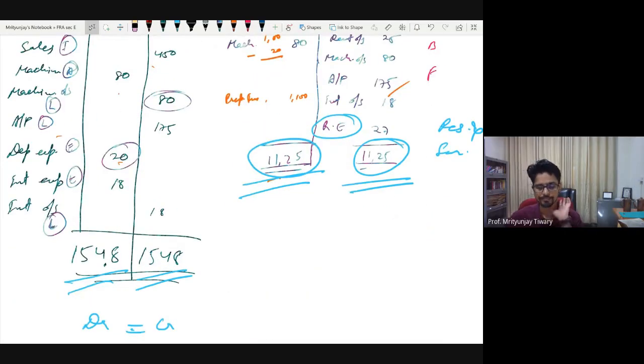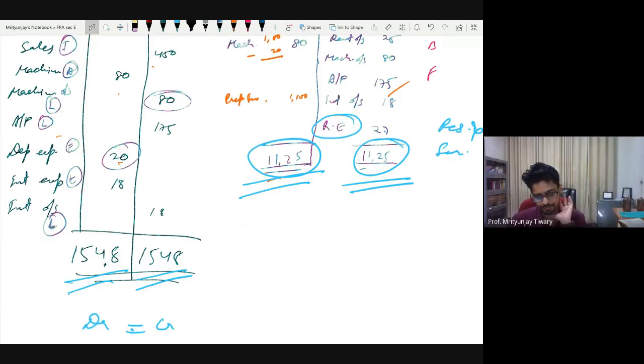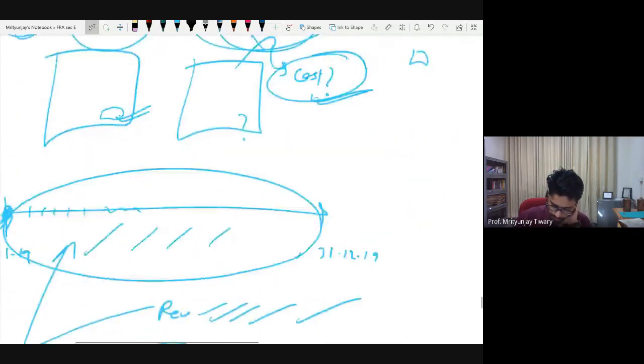Sir, one more doubt. On the asset side, in the balance sheet, we decrease the accumulated depreciation, right? Yes, or if you want, you can show it differently. This is the part I was about to complete.